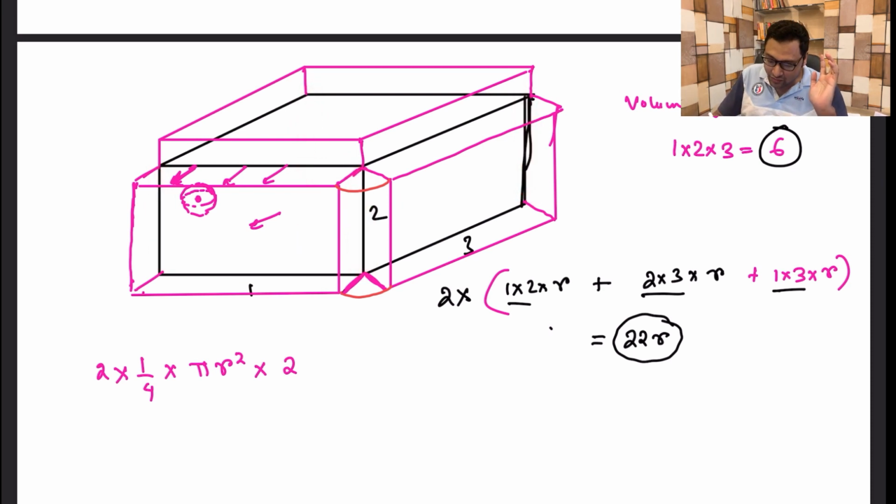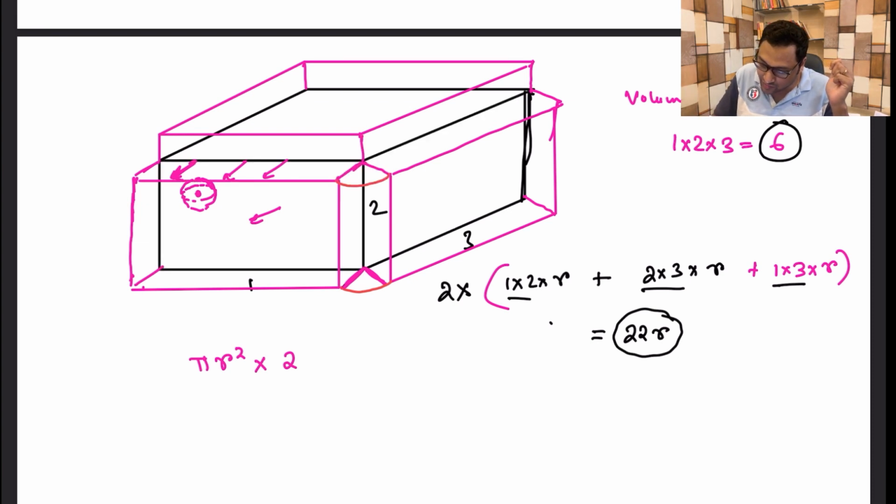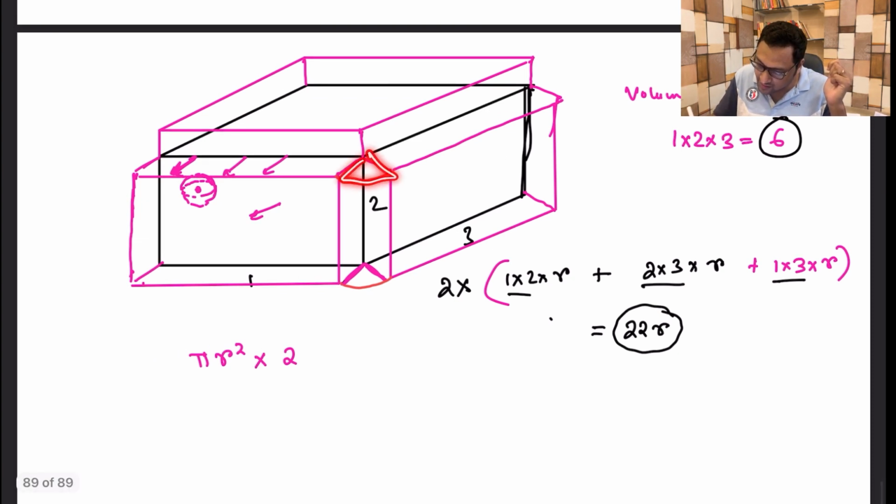So these are all 1/4 pieces, so I can just remove the 1/4 and we have the entire cylinder now. Did you see how we got the entire cylinder, right? We got 1/4 here, 1/4 here, 1/4 here, and 1/4 here. So in total we have got the entire cylinder.